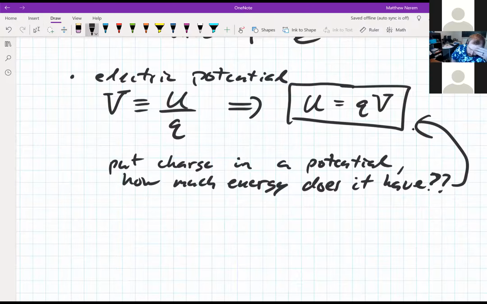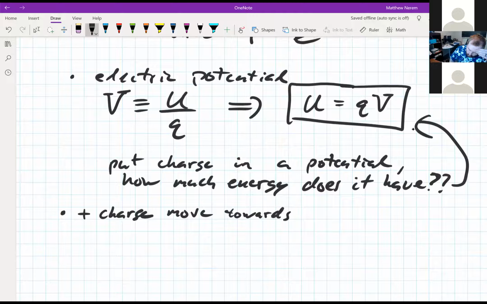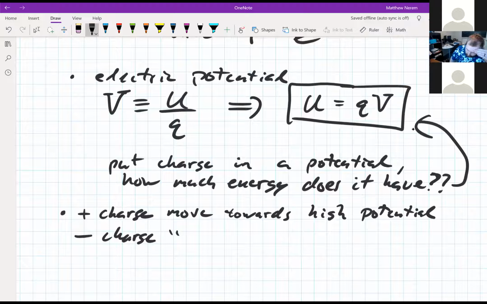So some facts as a reminder. If I give you just the electric potential, I would say positive charges tend to move towards the high potential. Negative charge, right.